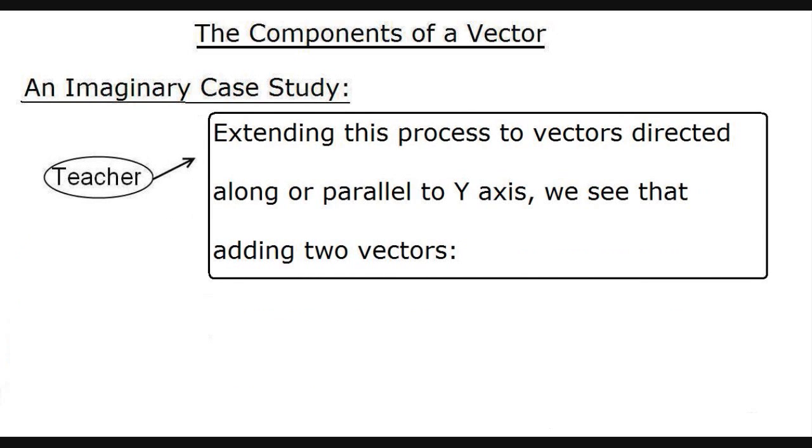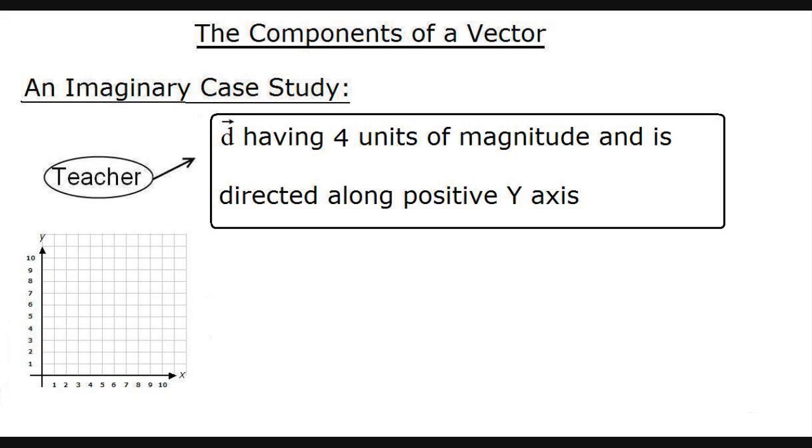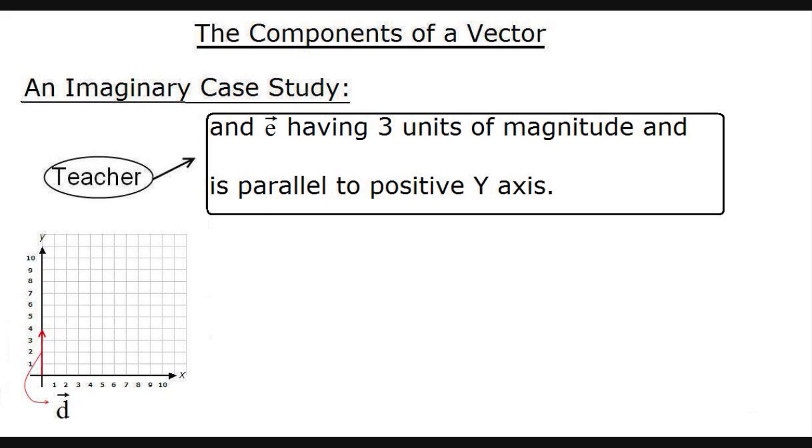Extending this process to vectors directed along or parallel to the y-axis, we add 2 vectors: d bar, having 4 units of magnitude and directed along the positive y-axis, and e bar, having 3 units of magnitude and parallel to the positive y-axis.